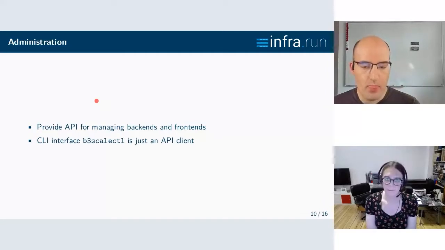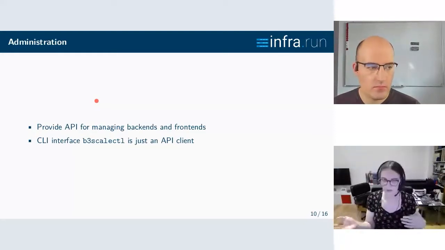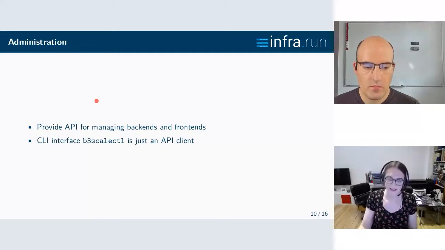And for administrative purposes, we provide b3scale CTL, a command line interface client, which is actually just an API client consuming this API. You could integrate this into automation tools or into front ends for managing it. But even our own controlling client is basically just an API client.